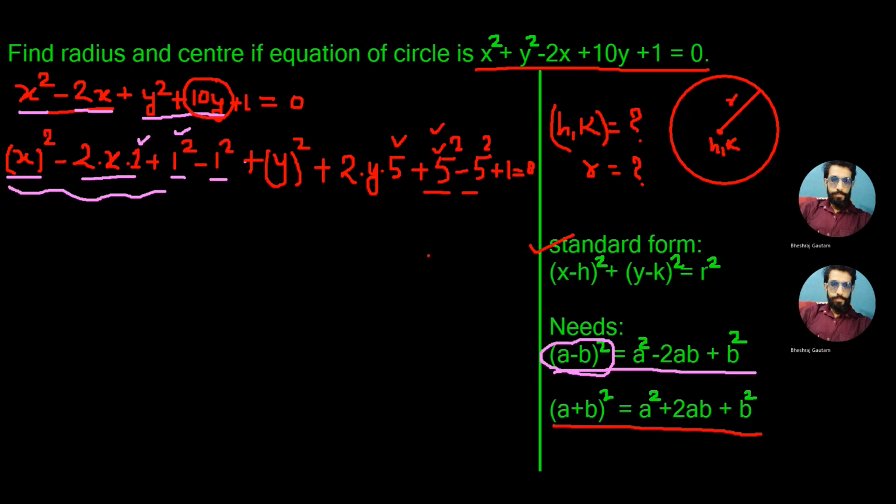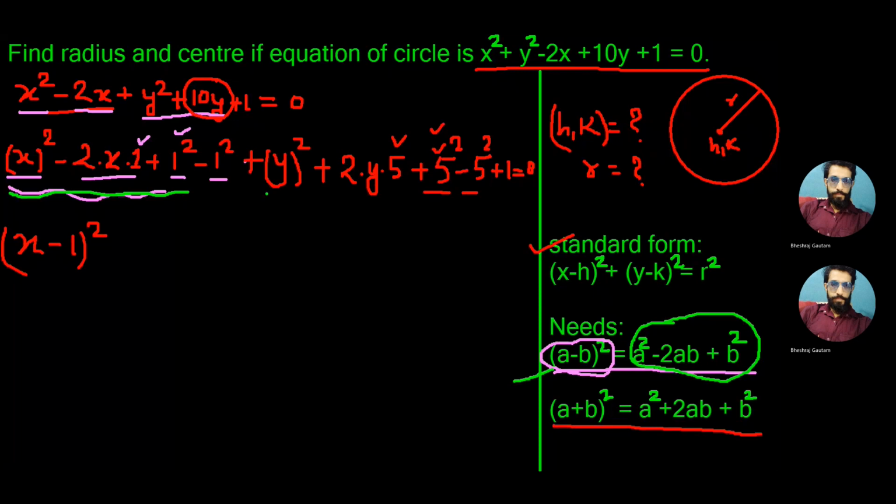Let's now simplify this equation as x minus 1 whole square. As you can see, this x square minus 2 into x into 1 plus 1 is similar to a square minus 2ab plus b square. So that can be written as a minus b whole square. So we write x minus 1 whole square here.